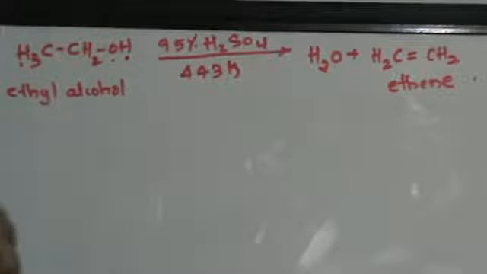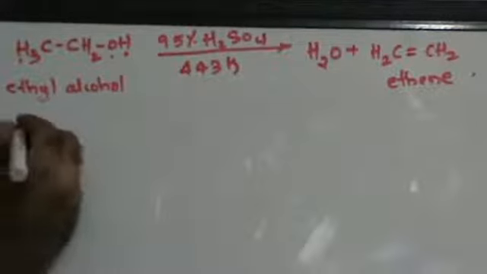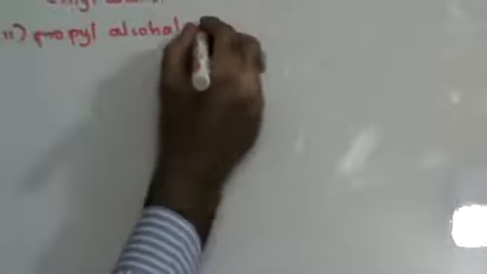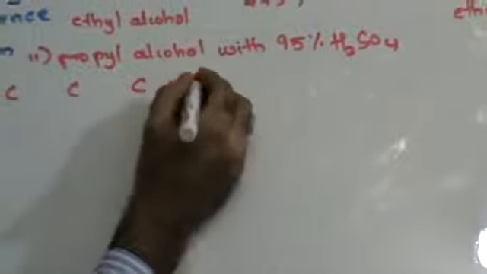Let's see another example of this kind. What happens when propyl alcohol reacts with 95% sulfuric acid? Propyl means 3 carbon atoms, alcohol means OH.